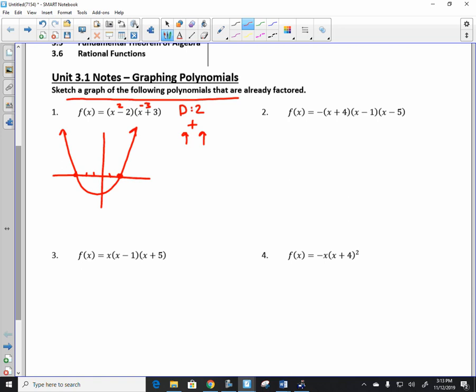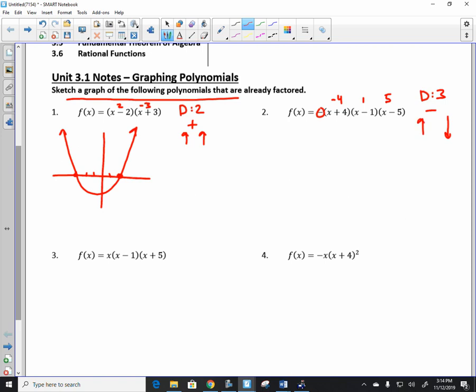The next one, it looks like I have a degree of 3. I have solutions of 5, 1, and negative 4. If I were to multiply this out, it looks like I got that negative in front, so I get a negative x cubed, so it's a negative polynomial. So as soon as it's negative, that tells me it's going to finish down. Well, if it's odd, then it starts and ends in the opposite direction.